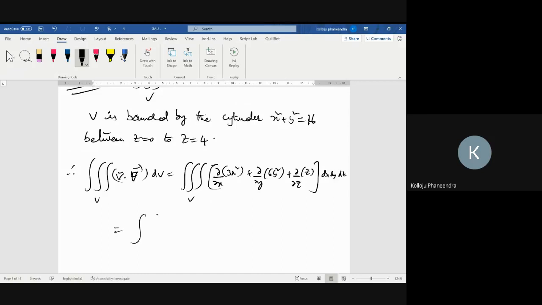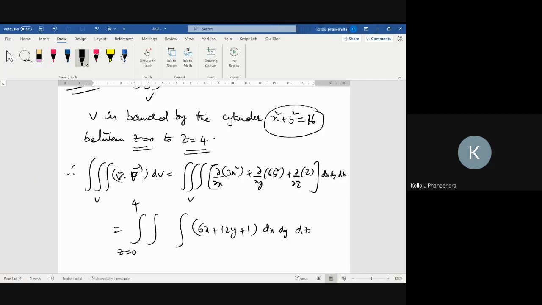And remember, the z limits are clearly given: z varies from 0 to 4, and the remaining one is the circle. This becomes 6x plus 12y plus 1, dx dy dz.